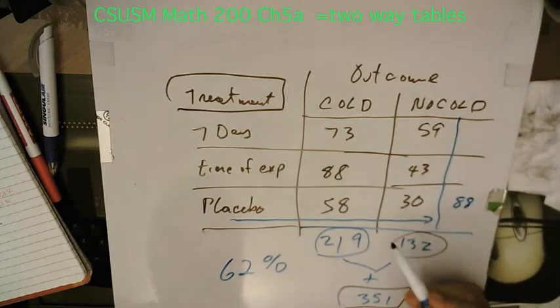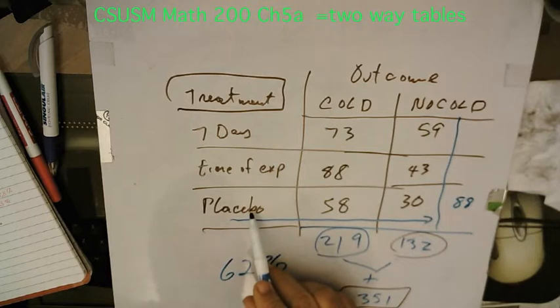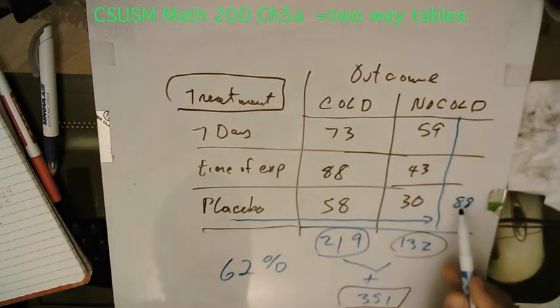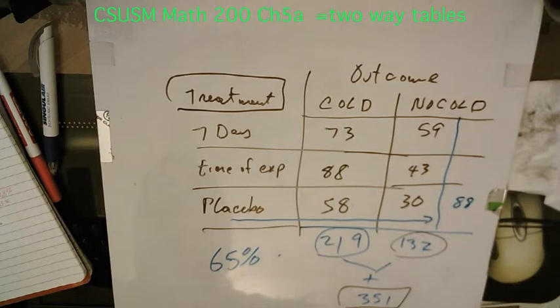So we're going to do a marginal distribution of people with a cold that were given a placebo. So we'll take 58 divided by 88, and that will be about 65%. And that's question number 13.